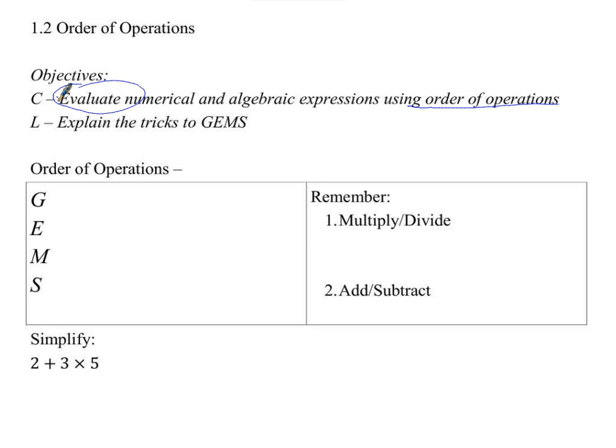We've switched to GEMS, and the reason is that the M and the S make it a little bit more obvious that what the M and the S stand for happen at the exact same time. PEMDAS people screw up the M and the D and the A and the S because they think that they happen separately, but they don't, okay? So this little acronym right here makes it a little bit easier. If you don't know what I'm talking about with PEMDAS, don't even Google it. Just push it out of your mind, all right?